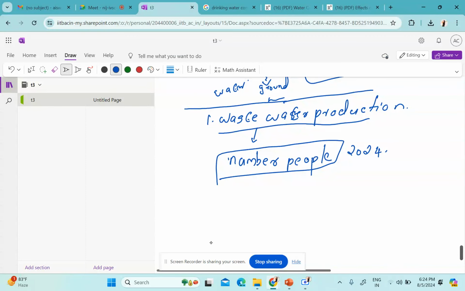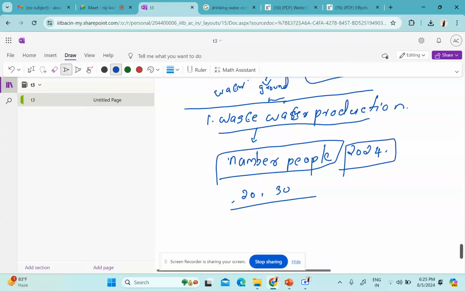If we want to design a system, we should look forward 20-30 years: how much the population will increase, what amount of water we can expect in the coming years, and how much industrial development happens in the adjacent years. That prediction of wastewater production is very important.